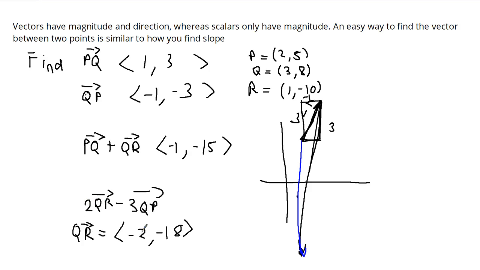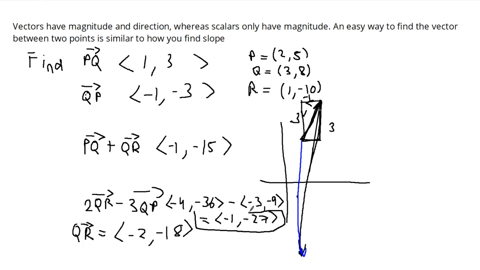The linear combination, that's what they say in the book. So it's <-4, -36>. And then minus 3QP. We already have QP, so minus 3 of them, that would be <-3, -9>, which adds up to <-1, -27>. And this is our vector of 2QR minus 3QP.